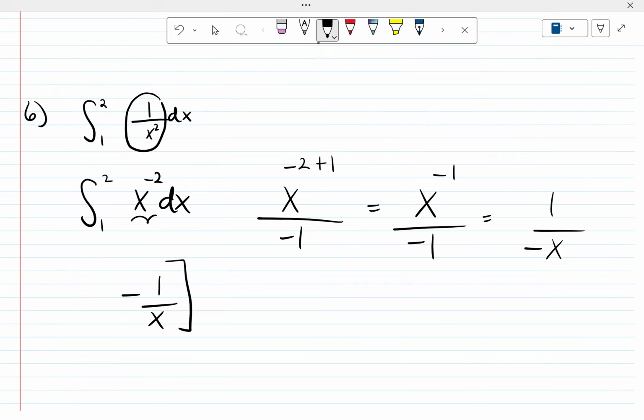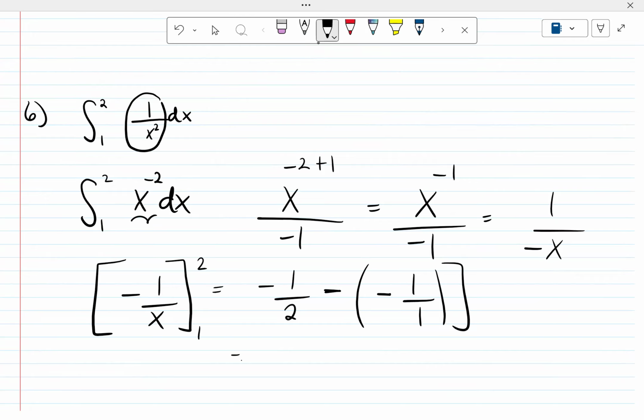And then because we have the boundaries, we've got to apply the fundamental theorem. So lower boundary is 1, upper boundary is 2. So it's going to be negative 1 over 2, minus bracket, negative 1 over 1. So it's going to be negative 1/2, and 2 negatives becomes a positive 1.